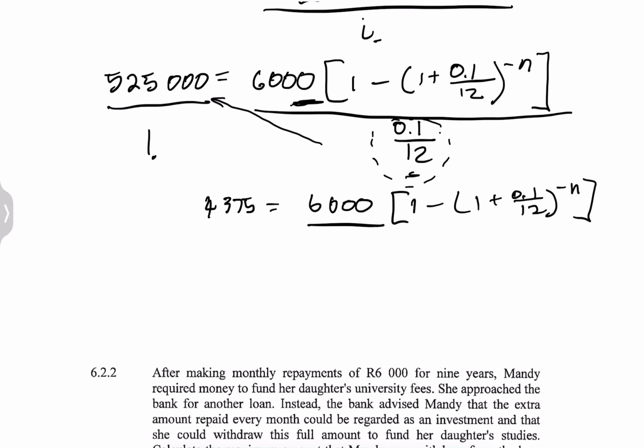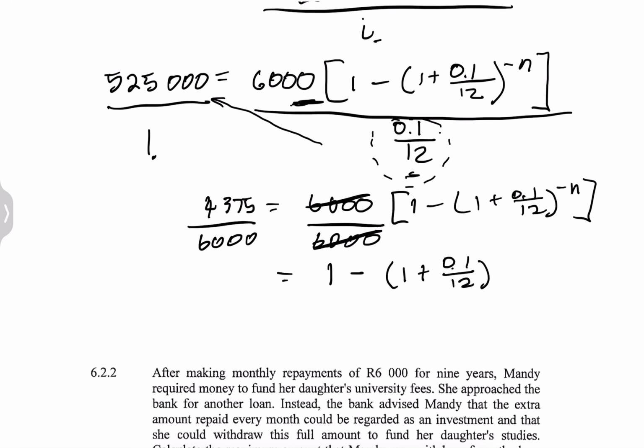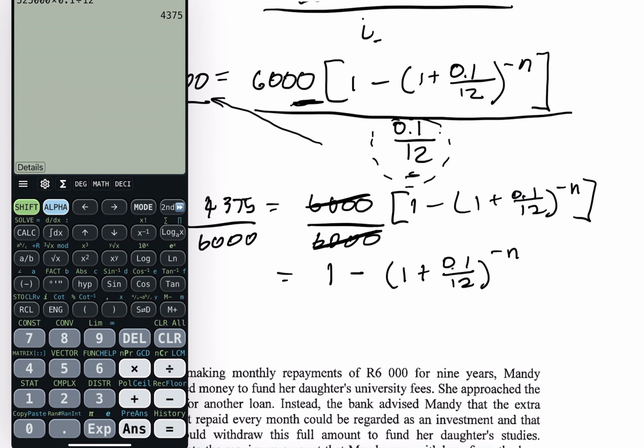I'm going to divide both sides by 6,000, so that cancels with that. On the left hand side, I'm left with 4,375, and on the right I have 1 minus (1 plus 0.1 over 12) to the power of minus n. Of course, I've got this fraction, so let's do that now. Divide by 6,000.